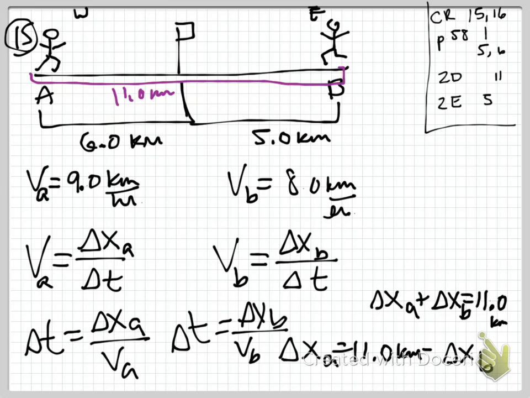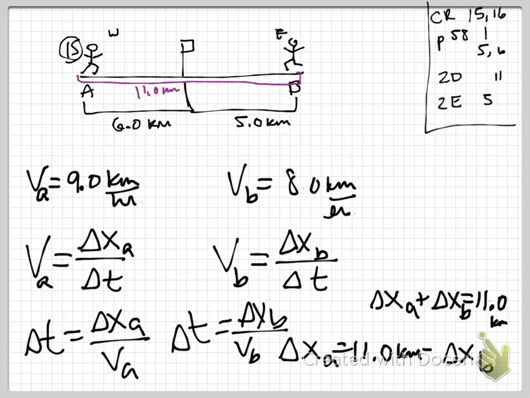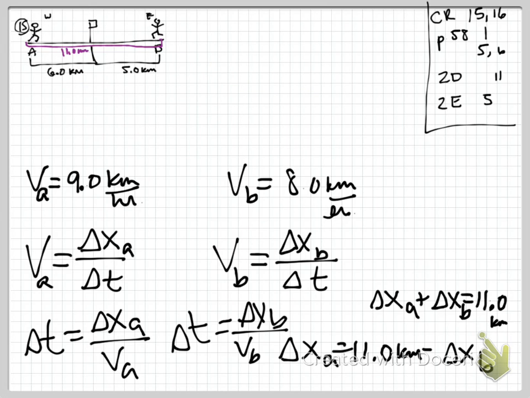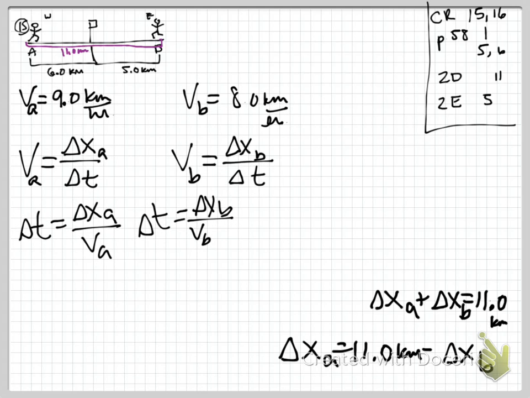We can probably shrink all of that. How did I miss the flag? Okay. Since we're saying that those times are going to be equal, we can set this equal to that.